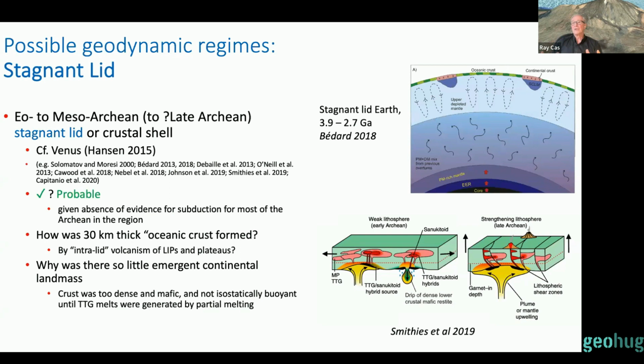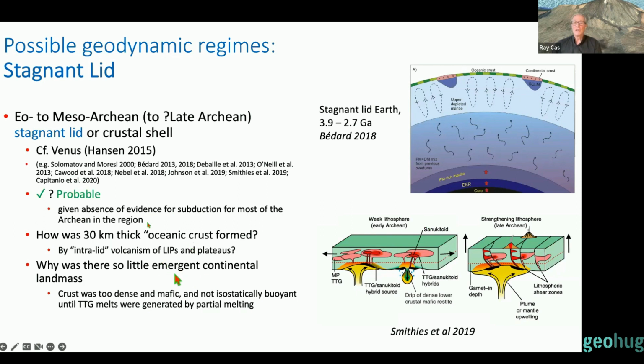And given that there is a lack of evidence for plate tectonics in the Archean, in the Yilgarn, and in most Archean cratons around the world, it's likely, therefore, it's probable that during the Archean in the Yilgarn Craton, there was also a continuous crustal shell or stagnant lid, which was basically mafic to komatiitic in composition, largely because of the mantle source materials which were available to generate volcanism during this time.